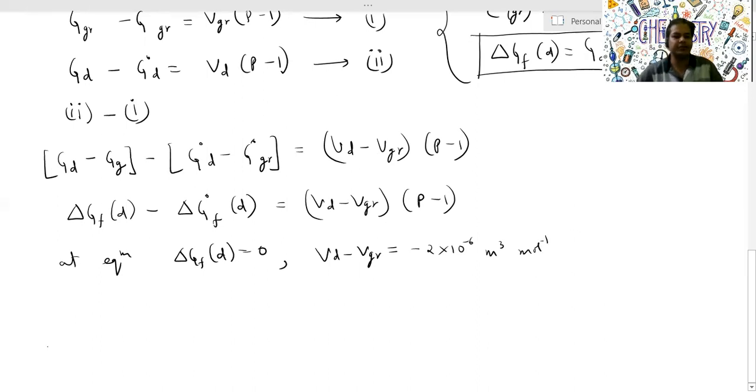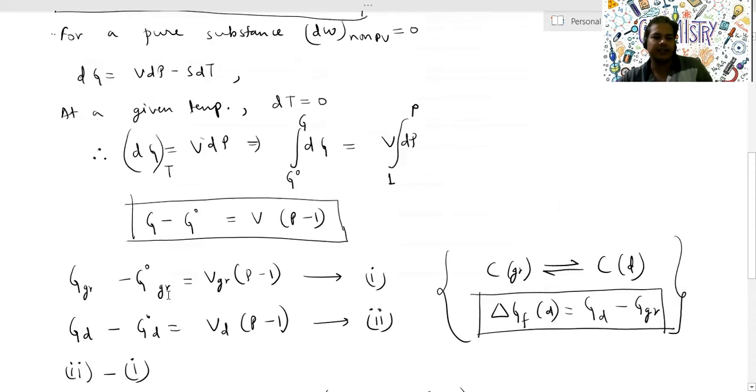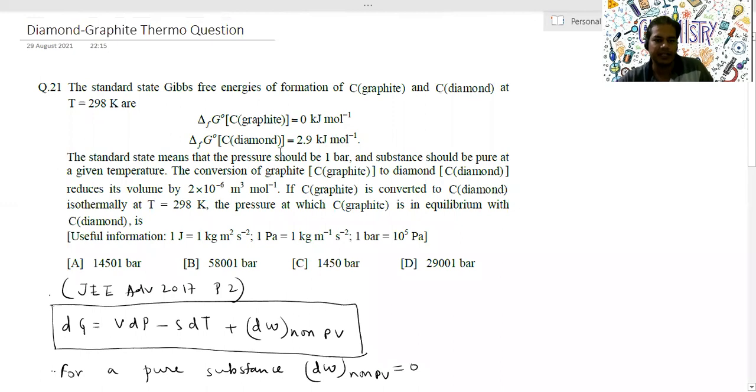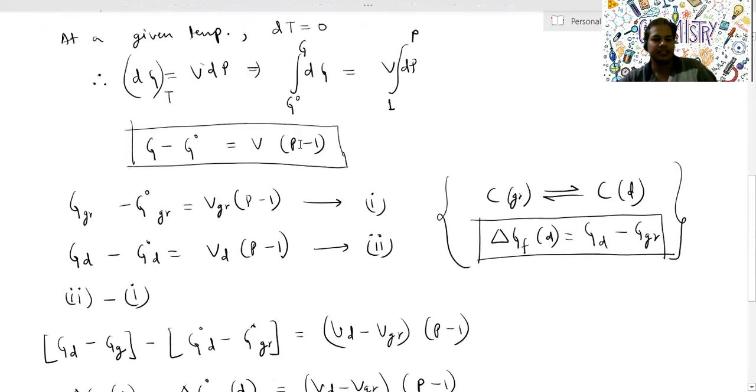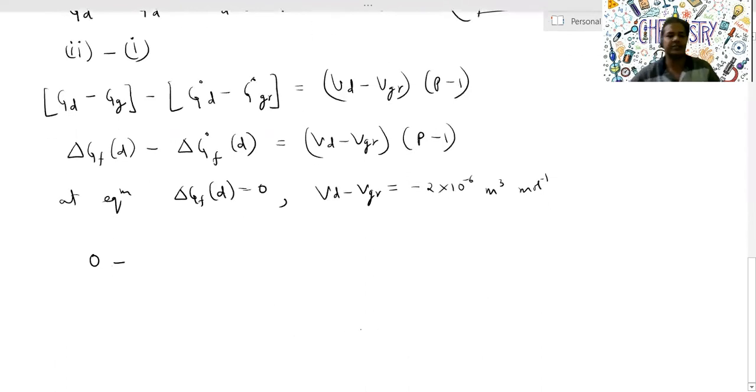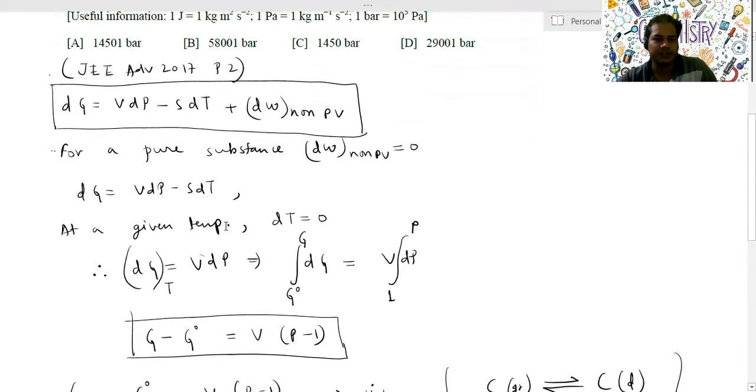Now putting the values at equilibrium, delta G formation of diamond is 0. Delta G naught of diamond, the standard Gibbs energy of formation of diamond, has been given as 2.9 kilojoule per mole. Is it negative or positive?